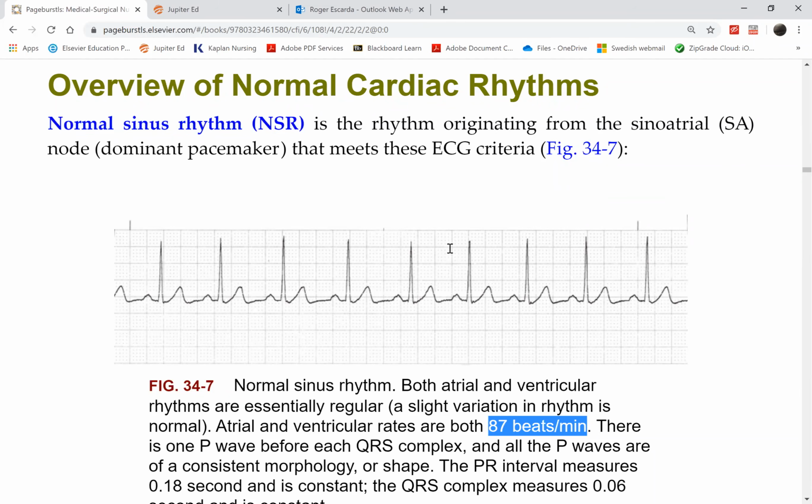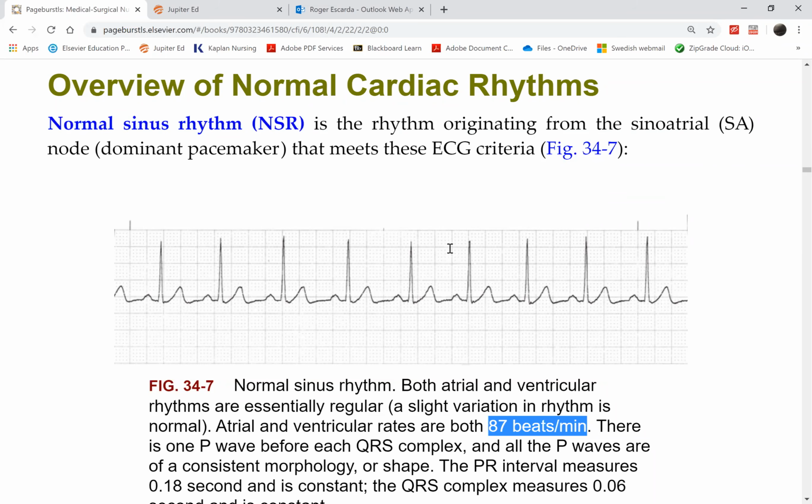What about small blocks? How many small blocks measuring 0.04 seconds are there in 60 seconds? 60 divided by 0.04 seconds. 1500, right?